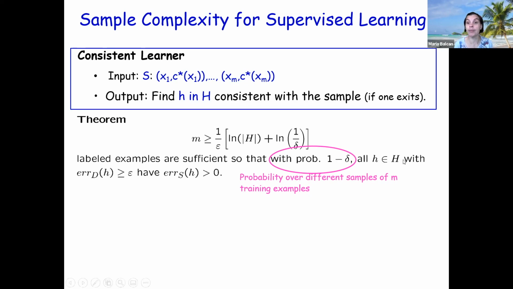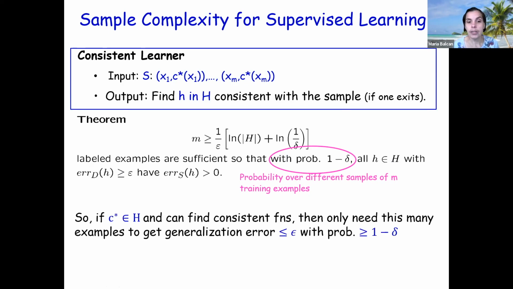If our true error rate is at least epsilon, so if there are bad classifiers because their true error rate is at least epsilon, then these classifiers will definitely make at least 1 error over the training set. So their empirical error rate will be strictly greater than 0. So we'll be able to detect them over the given training set of examples.